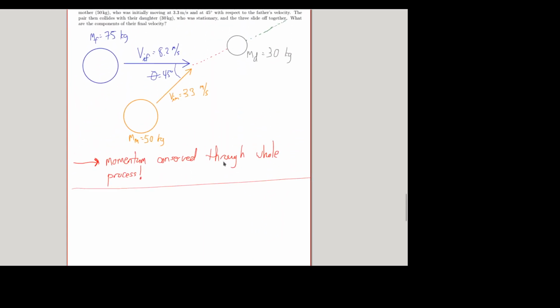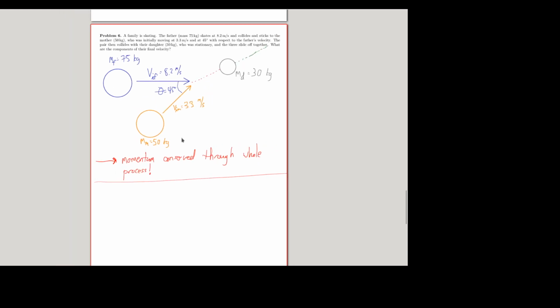So I can just write down one collision relating the initial and final momenta. So in the beginning I have, and I'm going to do it, well, two equations because I have to do it in x and in y.